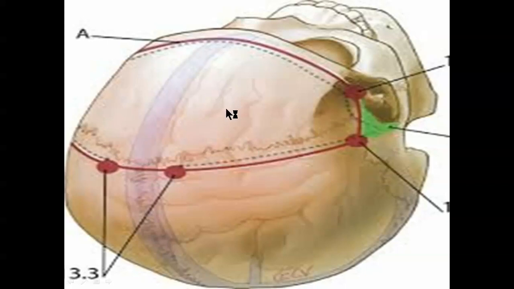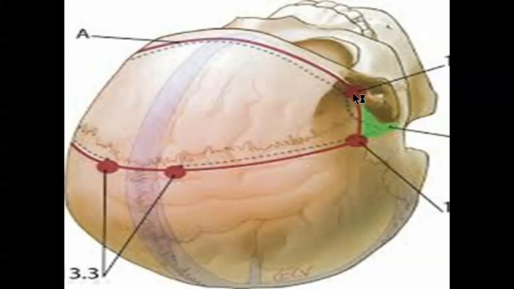And as for the hemicraniectomy, as I already mentioned, the important thing is that the burr hole over here should be as inferior as it can be, because we have to reach and help the middle cranial fossa to be relieved too.